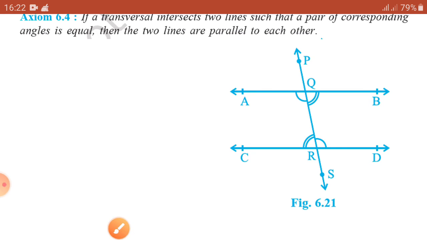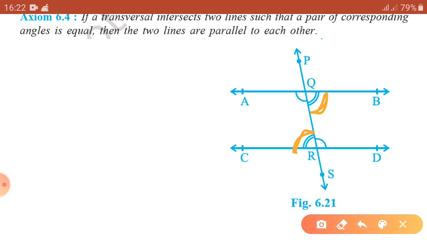Now the question is: are angle BQR and angle QRC, and angle AQR and angle QRD, equal?